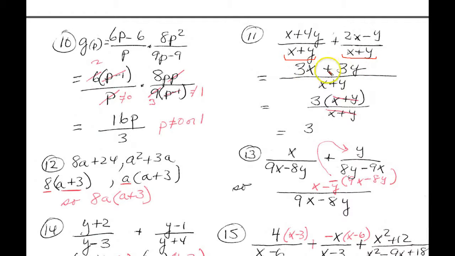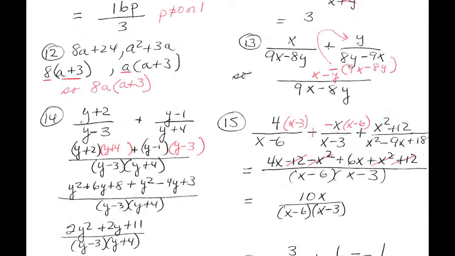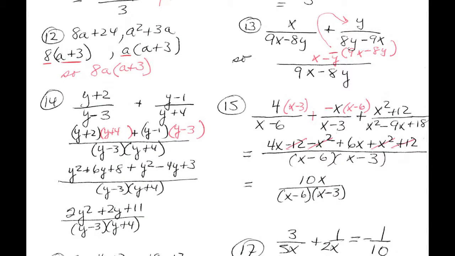Now here I could factor out a 3 from each of these terms, get this, and now I have a common factor. So these will cancel out, and there's my 3. For number 12, they wanted us to see what's our greatest common factor.